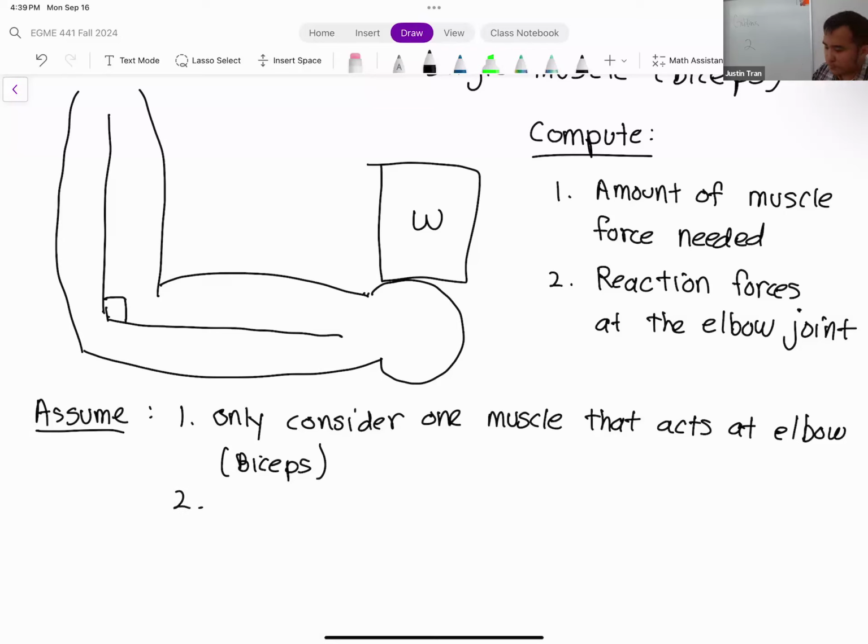Okay. We don't know the amount of that force, but we do know a few things about that force. Okay. Another thing that we're going to assume is that that muscle attaches a set distance of LM away from the elbow joint.